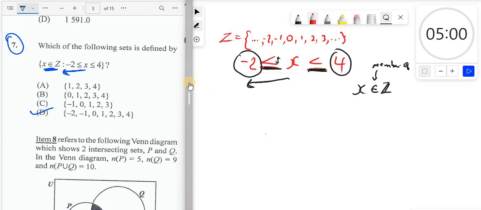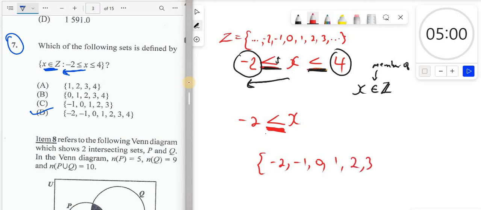Now here's the thing about it. I'm saying here that x is greater than -2, but with the dash, I'm including -2. So that means if I'm going to list these numbers, I'm going to start with -2 because it's greater than -2 but equal to -2. So we're going to include -2. Then going up, increasing, we have -1, then we have 0. Keep on adding 1, then we have 1, then we have 2, then we have 3, and so forth.